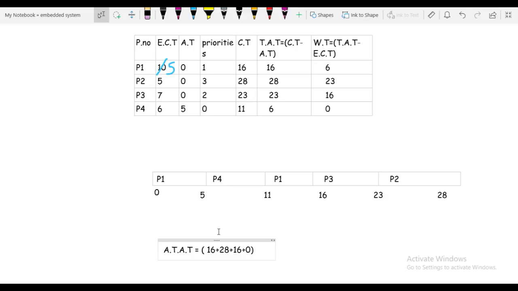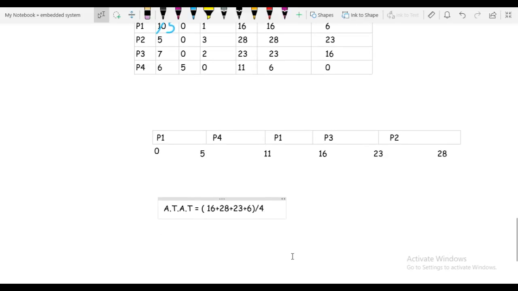Sorry, I think I made a mistake. Average turnaround time is 16 plus 28 plus 23 plus 6 by 4, and the average waiting time is 6 plus 23 plus 16 plus 0 by 4.